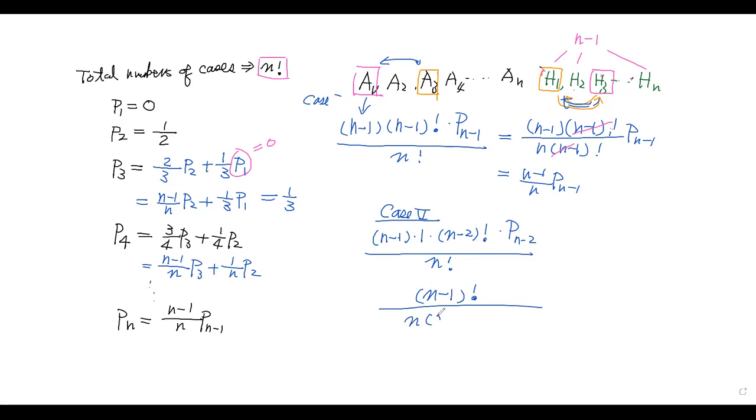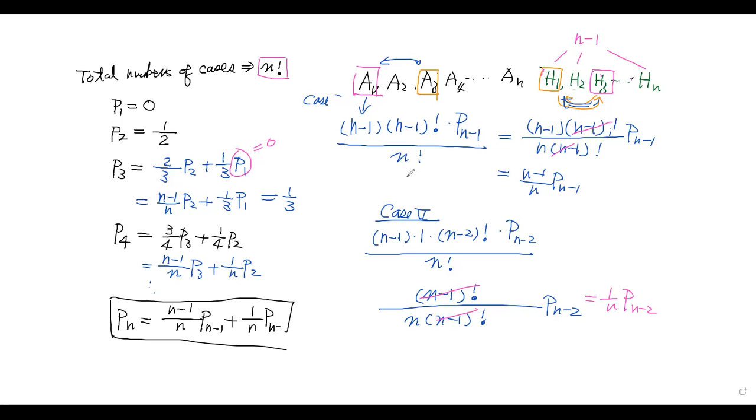Then over n factorial, and P of n minus 2. So what is the answer? It's 1 over n, P of n minus 2. Wow. So that's why we proved it. So plus 1 over n, P of n minus 2 here. This is how we prove it, right?